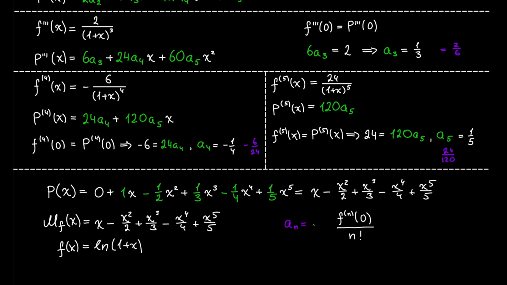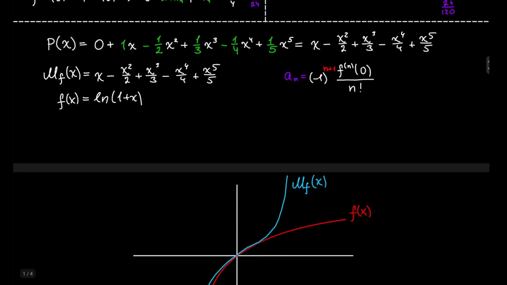However, there is one thing we have to compensate, it's the negative sign. We have an alternating polynomial, meaning negative 1 would be raised to the power of n plus 1 to give the alternating effect, plus, minus, and so on. And hence, after so much hard work, let's finally write the definition of the Maclaurin polynomial.